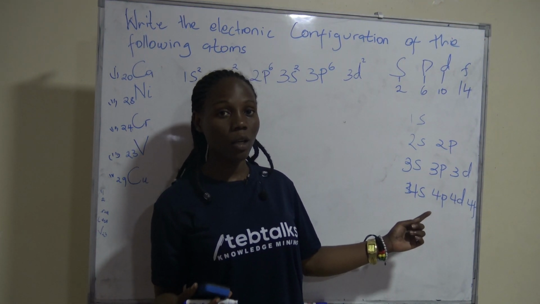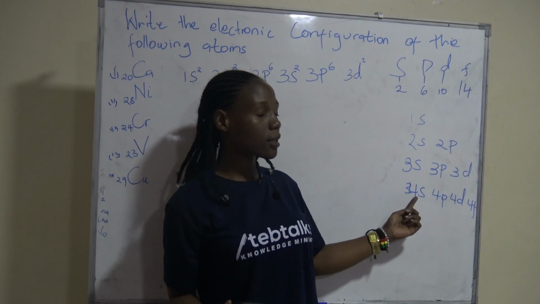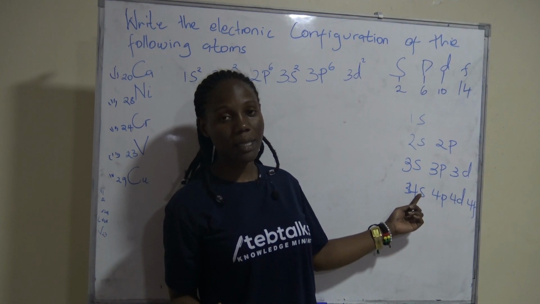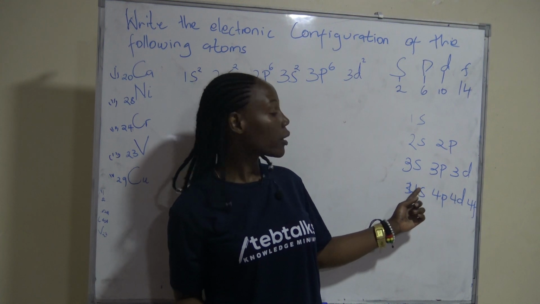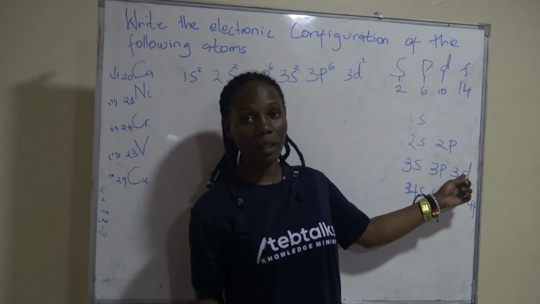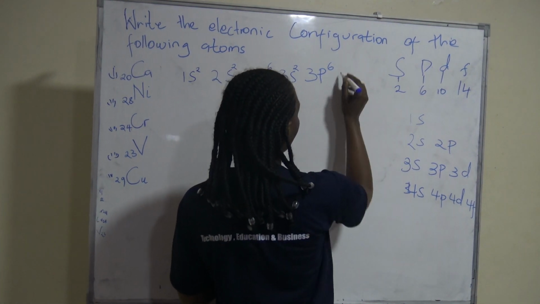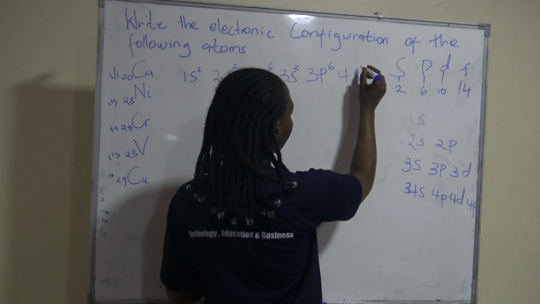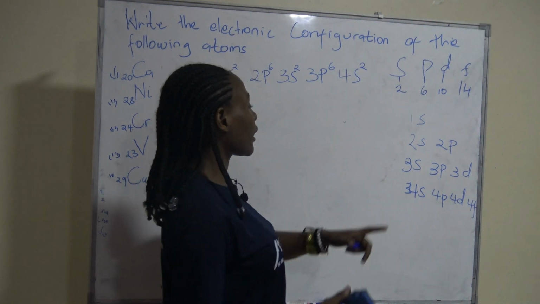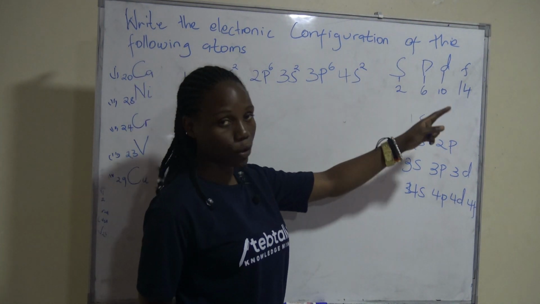The 4s subshell is filled before the 3d can be filled. So 4s comes here, and s is occupied by 2 electrons.